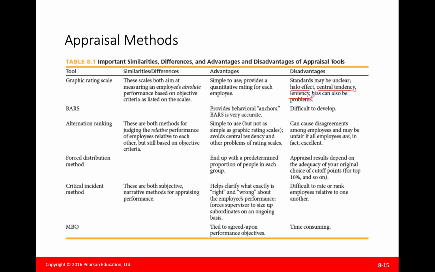Halo effect, hiệu ứng lan truyền, central tendency, xu hướng trung tâm, and leniency, dễ dãi, and bias, thiên vị, can also be problems. We will go through the next part of the lecture to understand those problems. So it may not be for you to understand right here, but later we will go through all of the problems and try to understand what they are.